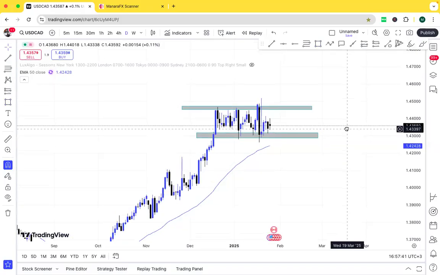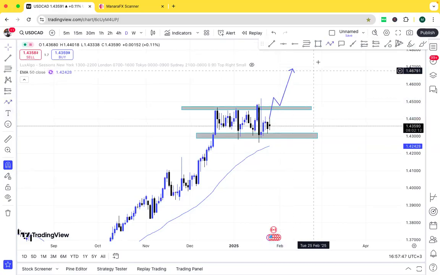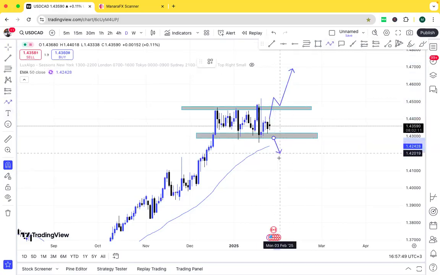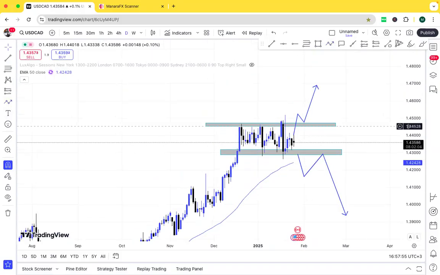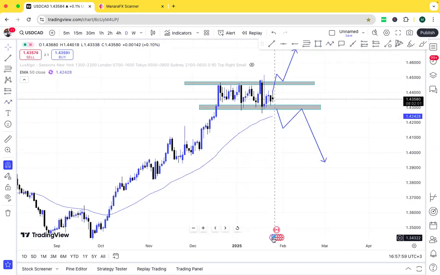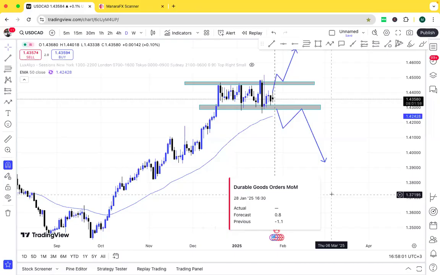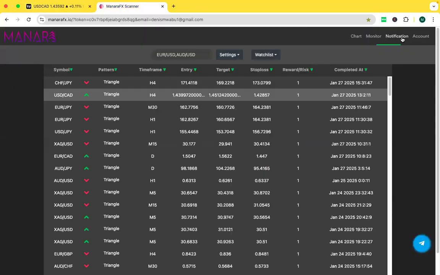The only time I can participate in this market is if it breaks up and goes, or if it breaks down and shows me that we are going down. So far, I'm not interested. Most likely this is consolidating because of some news that is coming up. So take it slow, my friend. Take it slowly, slowly, slowly.